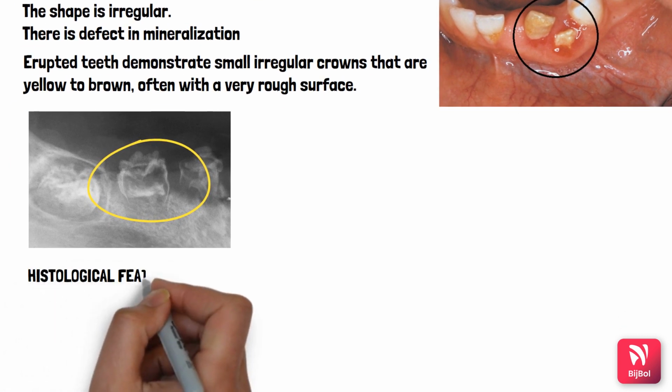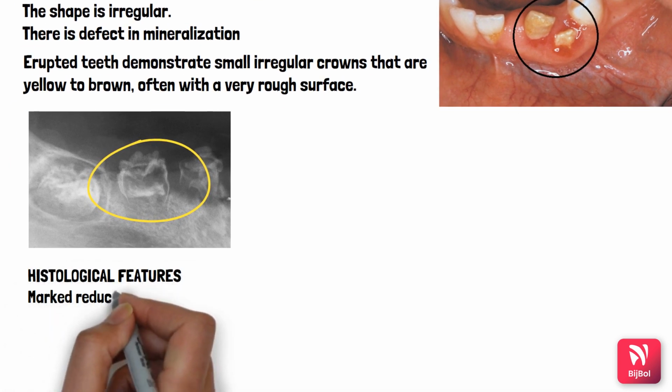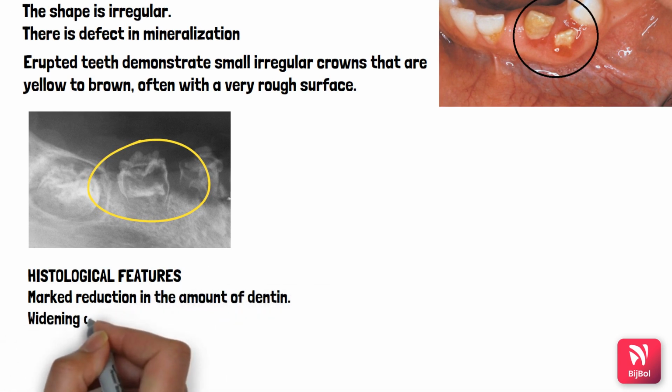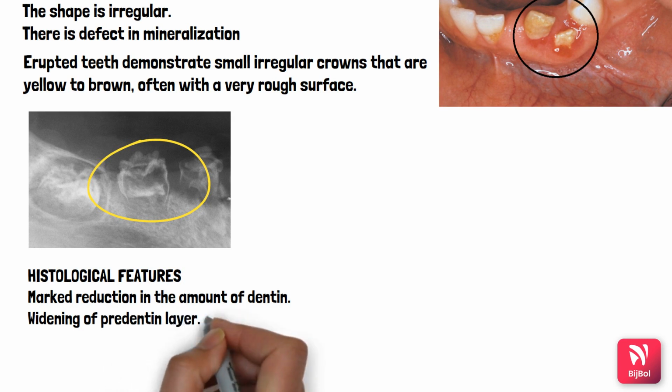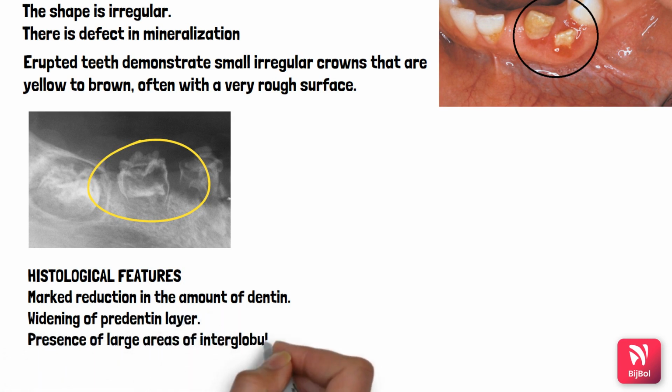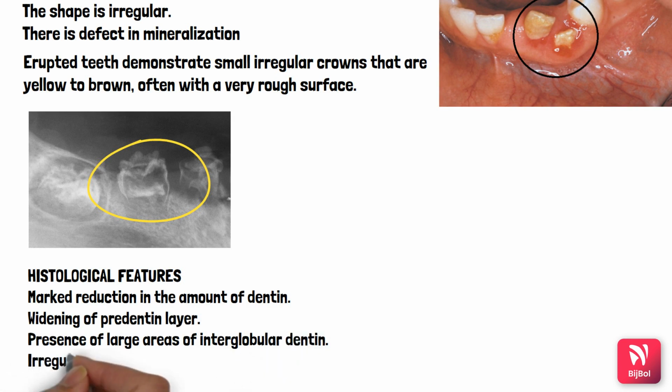Moving on to histopathological features of regional odontodysplasia. Here there will be marked reduction in the amount of dentin, widening of the predentin layer, presence of large areas of interglobular dentin, and an irregular tubular pattern of dentin.